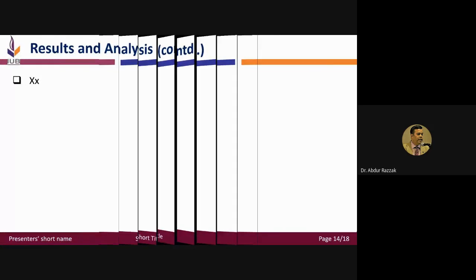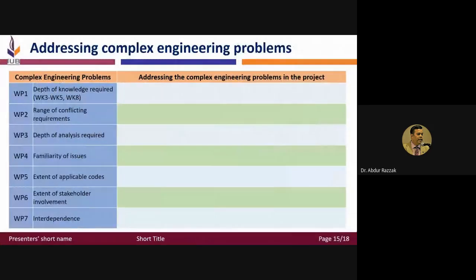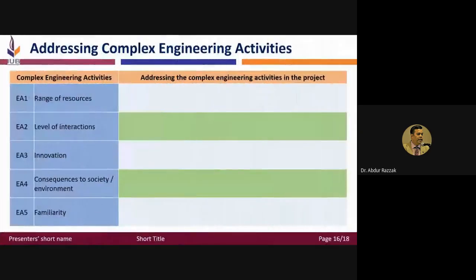You analyze these things. And once again, the complex engineering problem is the same as in the first term. You put it here because in the first term maybe you did something wrong, or you had some wrong conceptions or ideas. Then finalize it once again. And then this one is the new thing: you have to address the complex engineering activities.